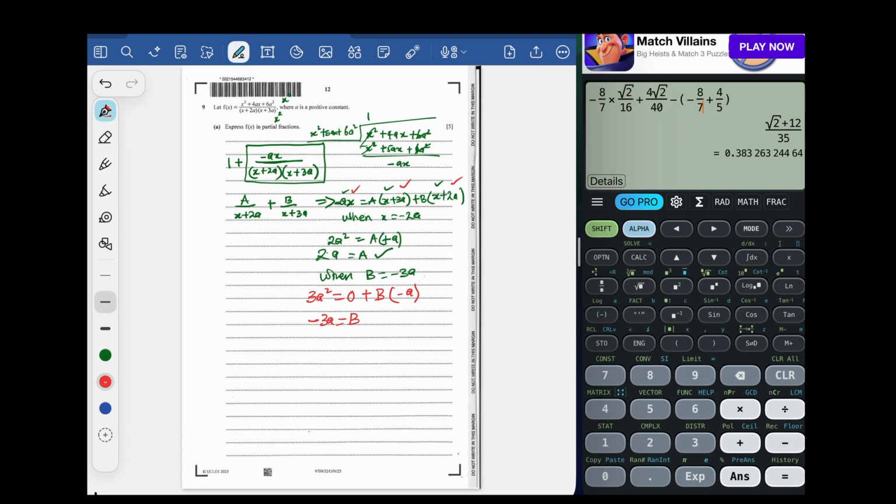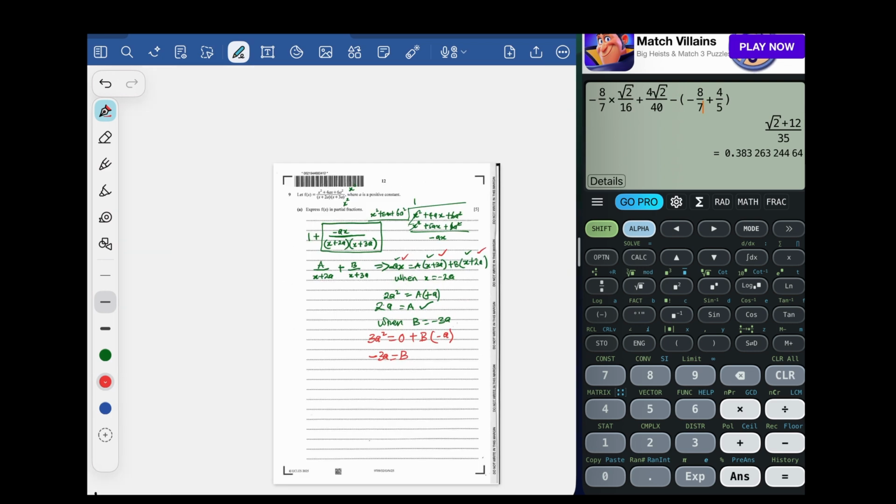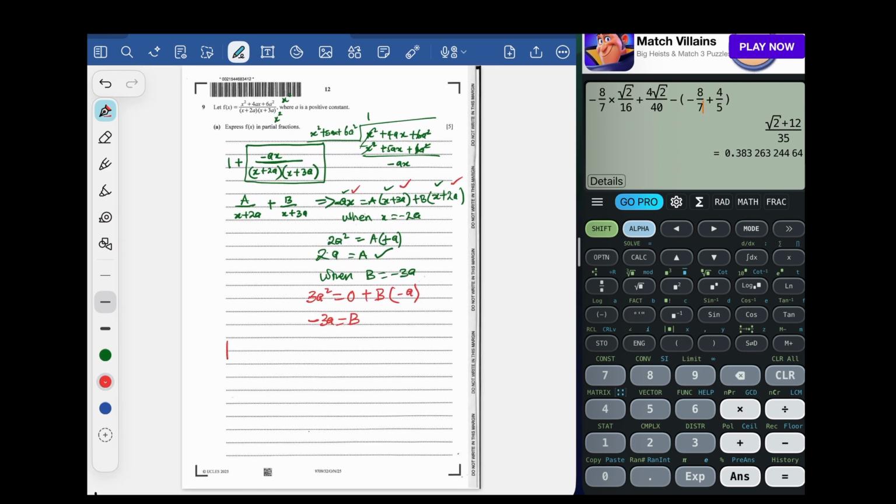So I think we are done. So this will be 1 plus, so my a is 2a over x plus 2a minus 3a over x plus 3a. So this is my answer. I hope it makes sense.